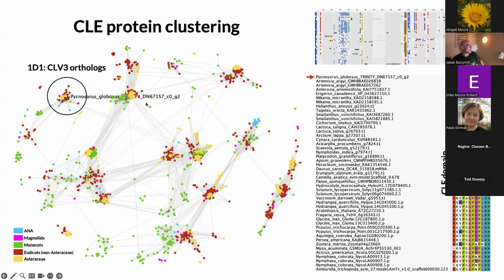And indeed, there is a single gene from this Pycnoceros transcriptome. And upon closer investigation, I found that this functional CLE domain is highly conserved across Asteraceae, including Pycnoceros globosus. So we have this RAAPL amino acid sequence that Paula mentioned in her talk.